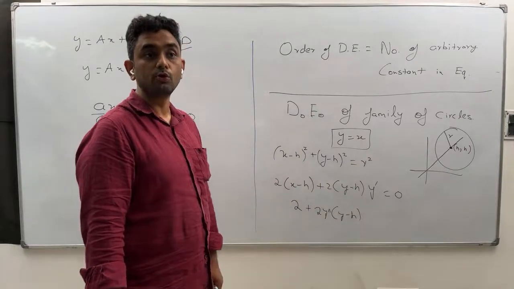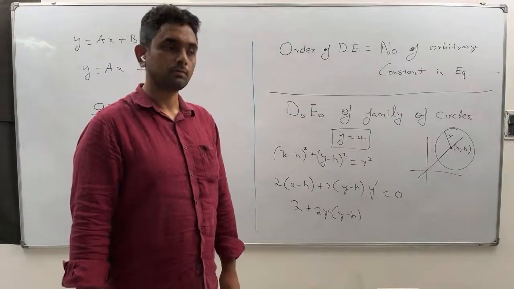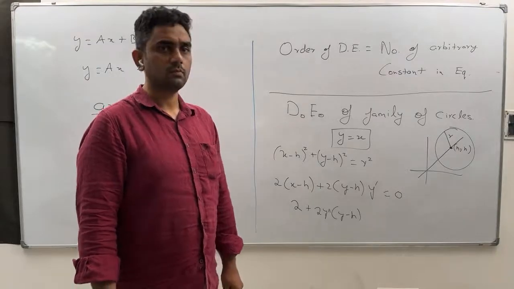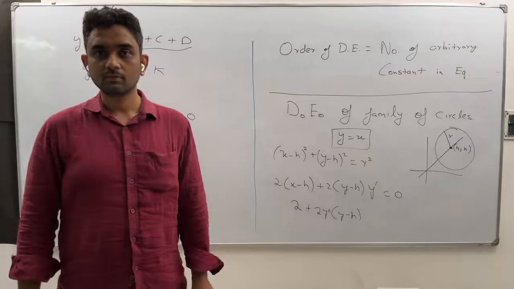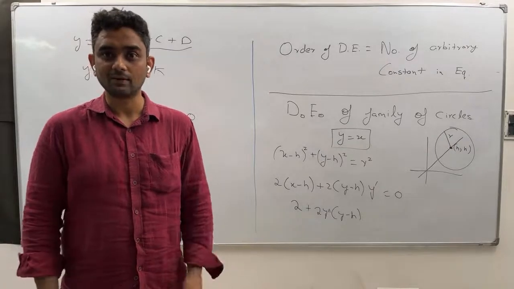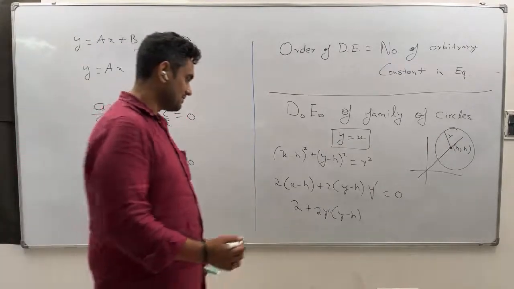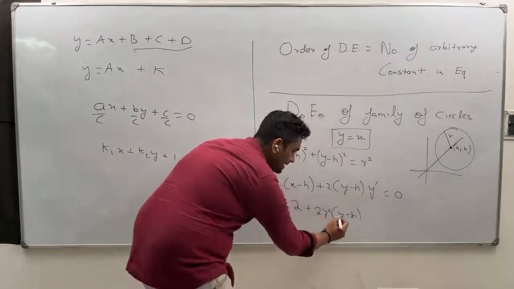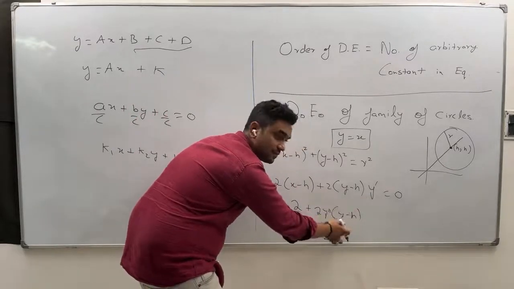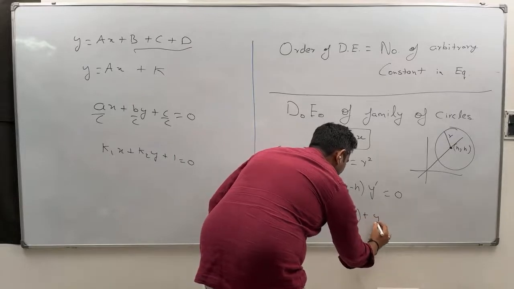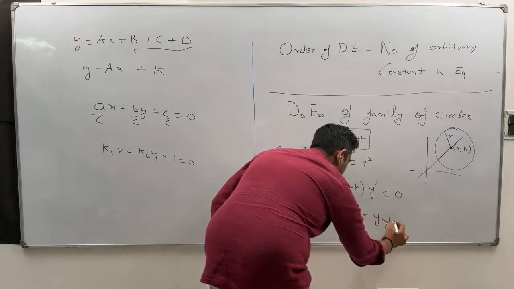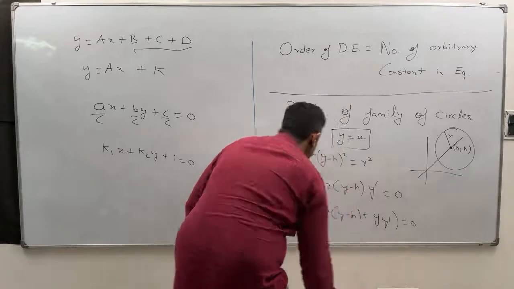f(x) into g(x), or the uv rule. What is the derivative of 2x? Why, it will go away. Alright, so we'll get 2y double dash, first one's derivative, second one as it is, plus derivative of the first one, that is y dash, and the second one as it is, y dash, equal to 0.